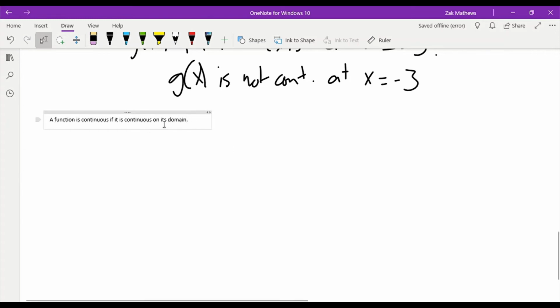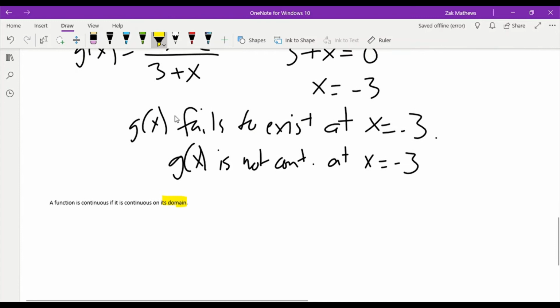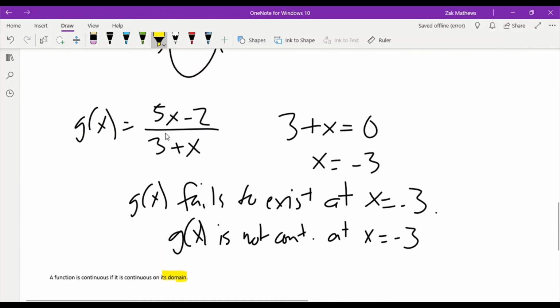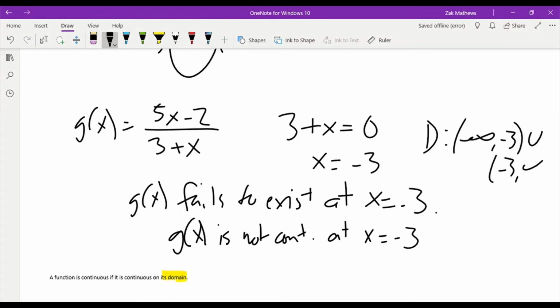On its domain is key here. If we think about this g of x function, what was g of x's domain? Well, its domain was from -infinity to -3, -3 to infinity. I'll write that out. Domain was -infinity to -3, and then -3 to infinity.